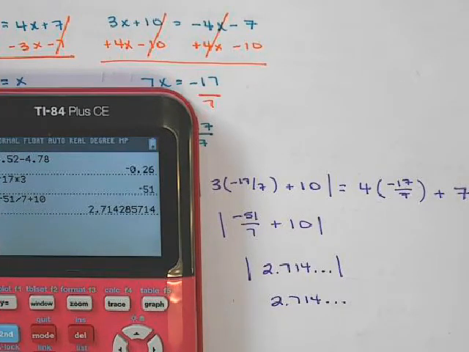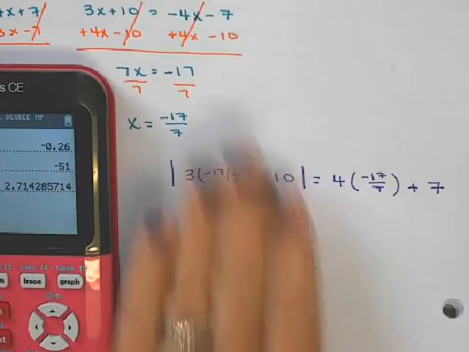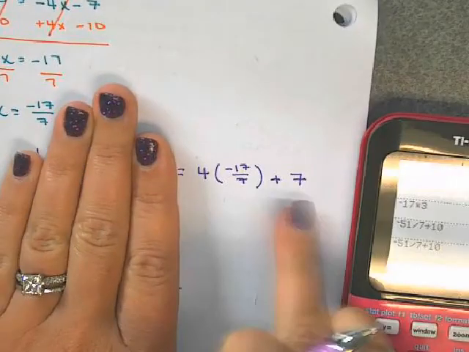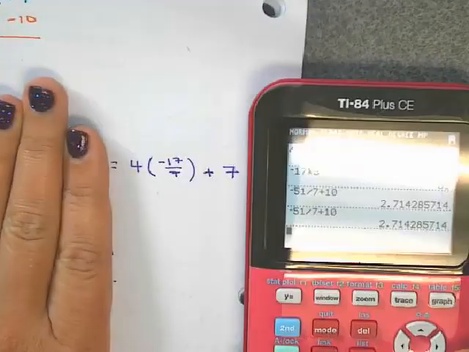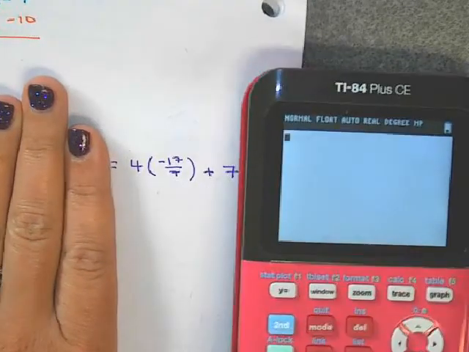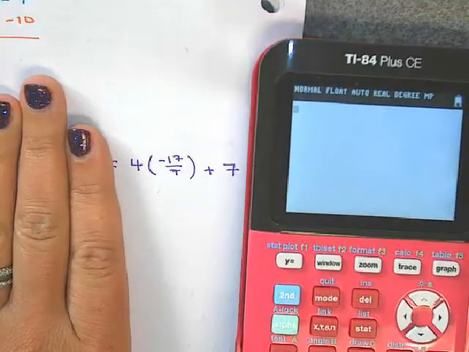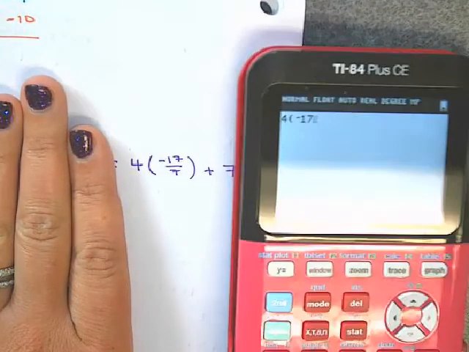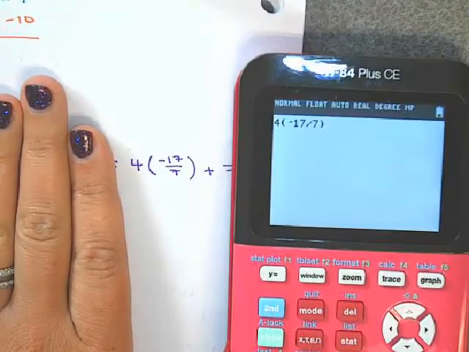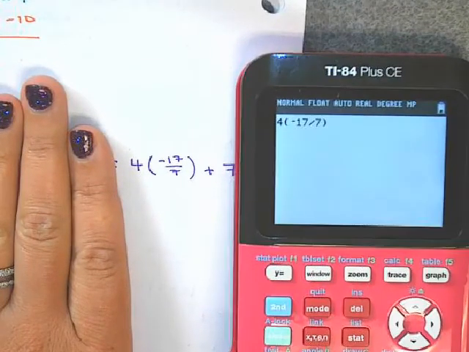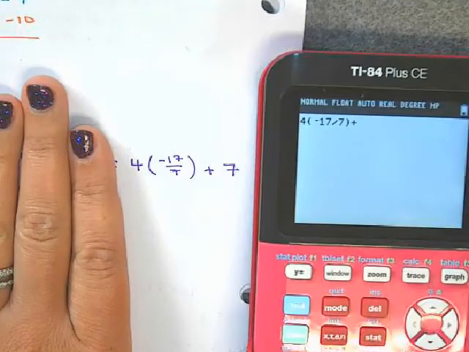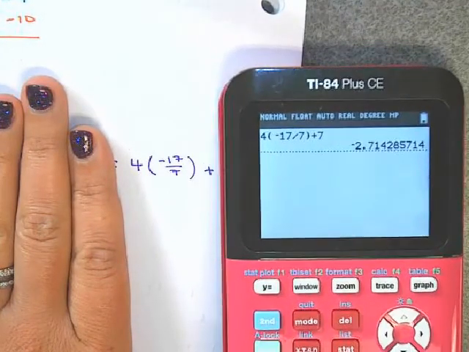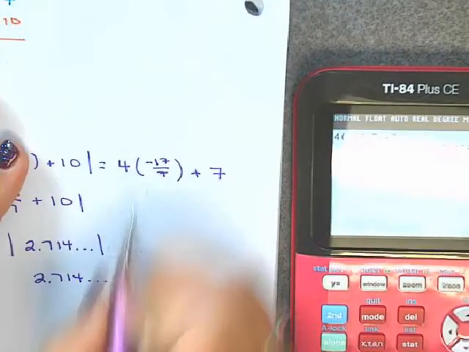Okay. If we ignore the left side, again, I don't care if you want to figure this out in all fraction form or if you want to go right to putting it in your calculator, that's fine. So 4 times negative 17 over 7 plus 7. And we get negative 2.714 on the right side.